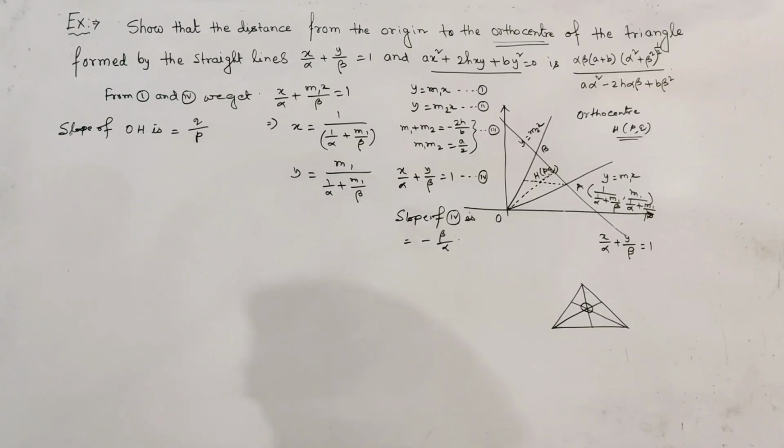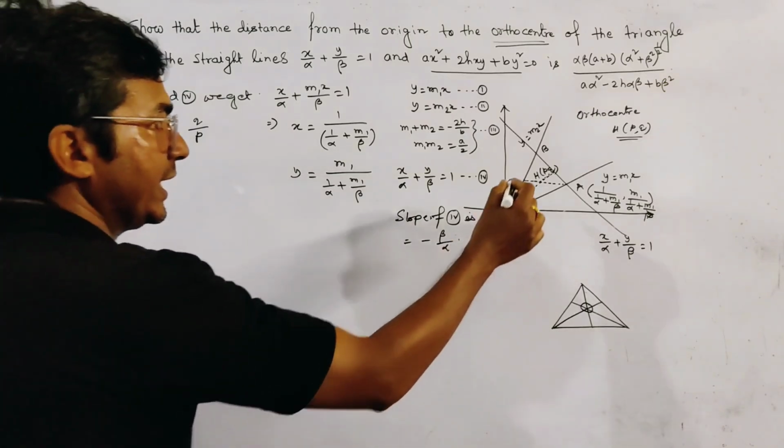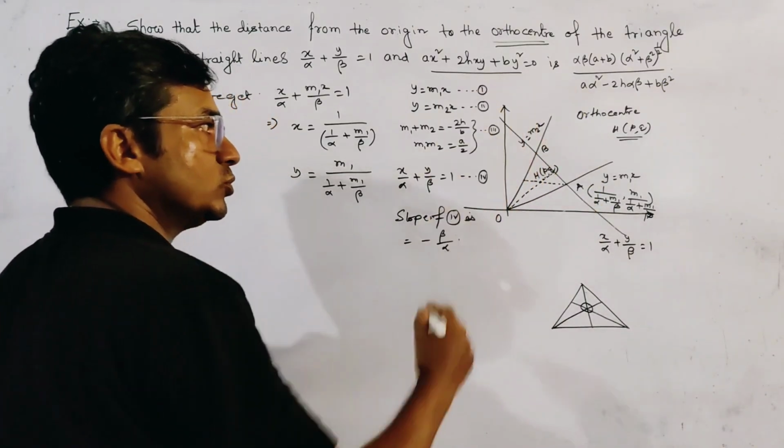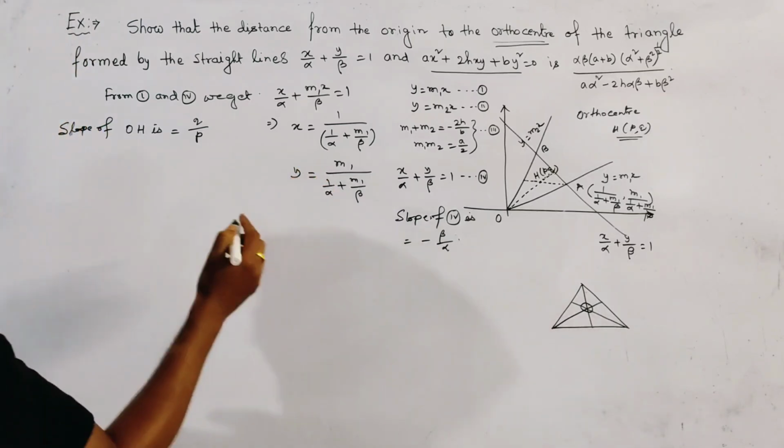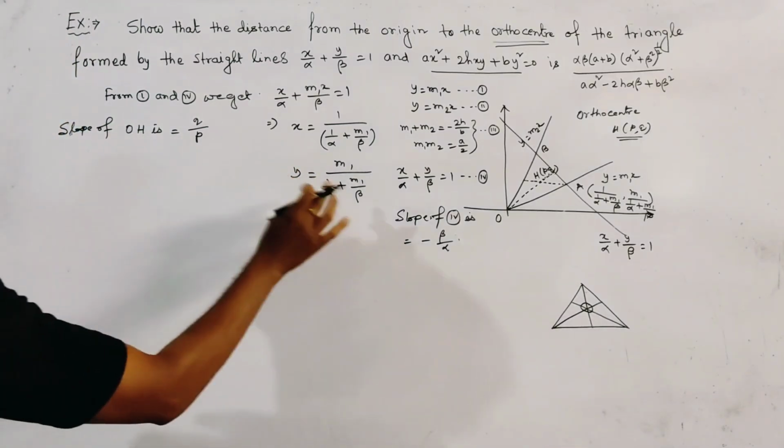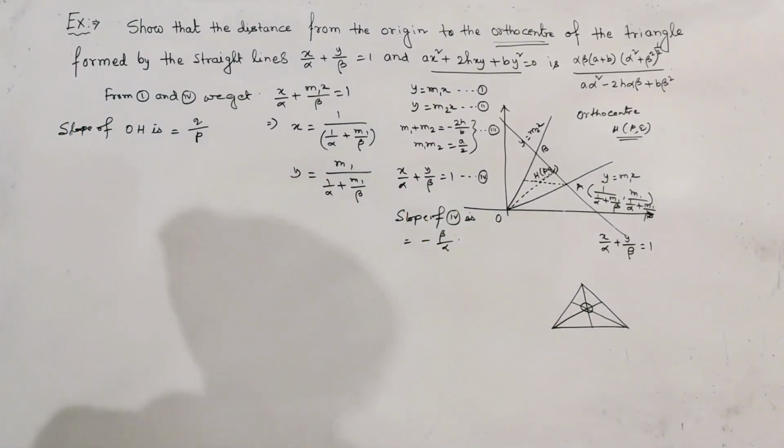Since AB is perpendicular to OH, the product of the slopes is equal to -1, because the two lines are perpendicular.